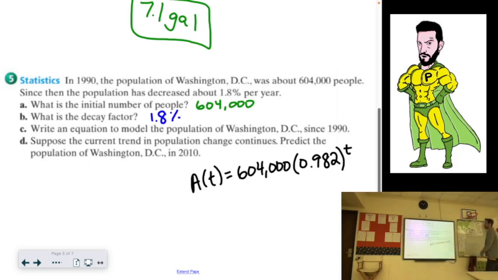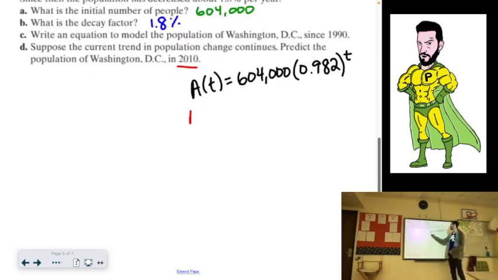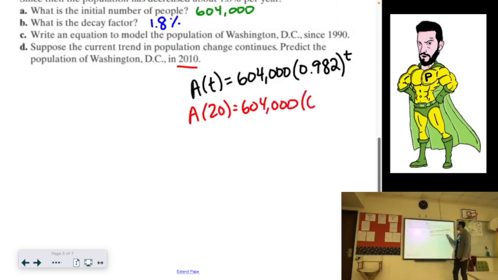Suppose the current trend in population change continues, predict the population in 2010. So how many years passed from 1990 to 2010? 1990 to 2000 is 10 years. 2000 to 2010 is 10 years, so that would be 20 years. So A of 20. 604,000 times 0.982 to the 20th.